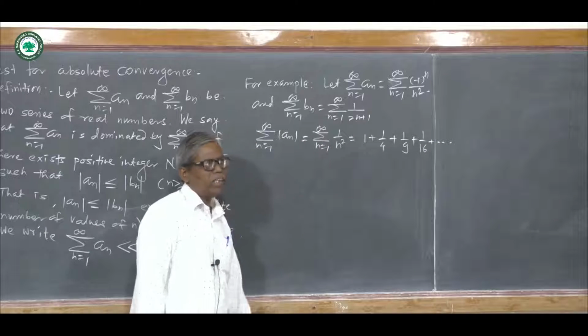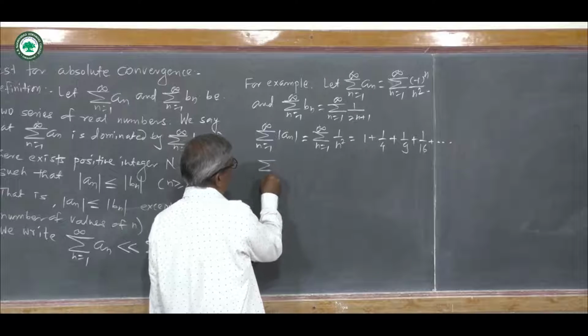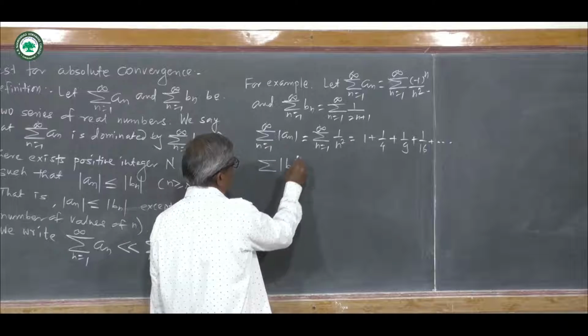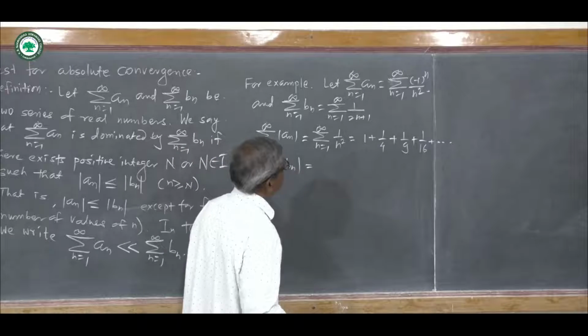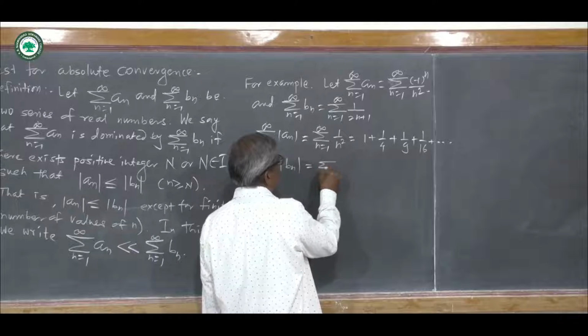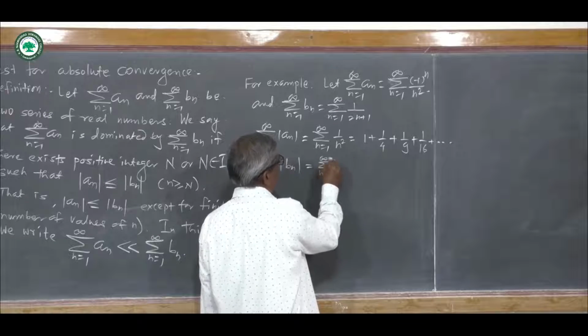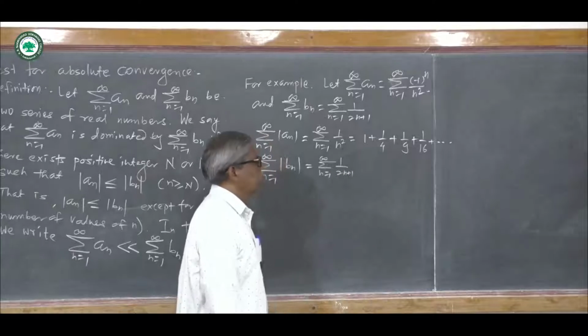Summation mod b_n, n equal to 1 to infinity, is equal to summation 1 upon 2n plus 1.